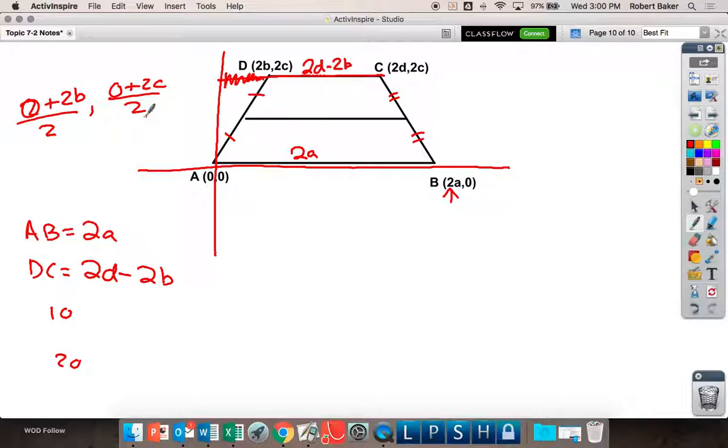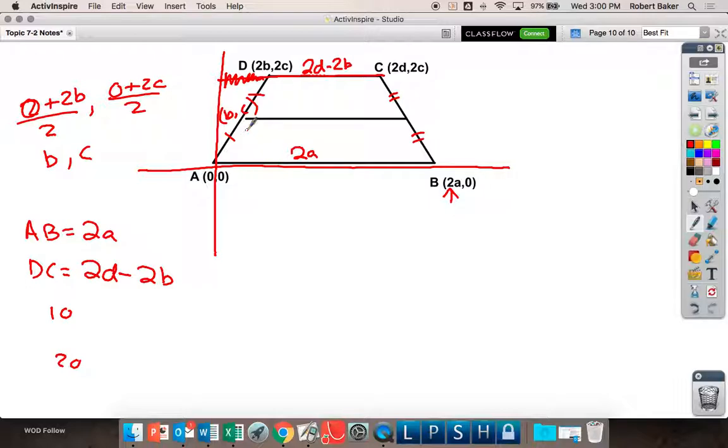So what is 2b's divided by 2? B. And 2 C's divided by 2 is a C. So instead of going over 2 B's and up 2 C's, you're going over 1 B and up 1 C. So the midpoint equals BC.